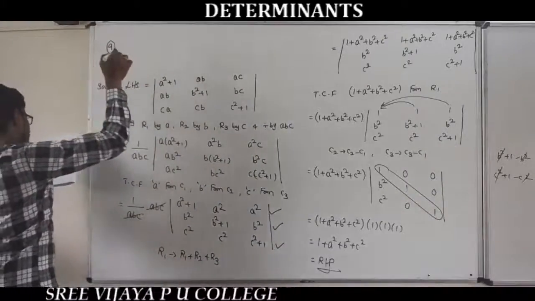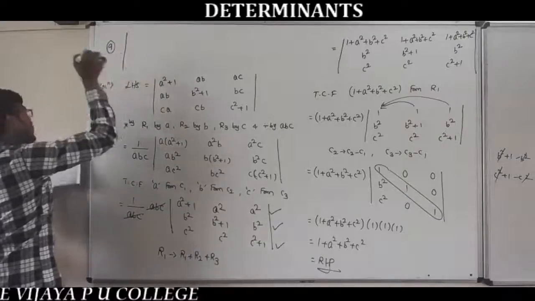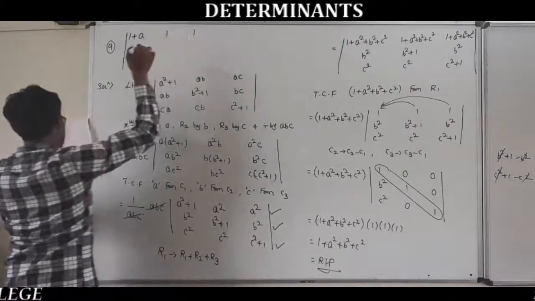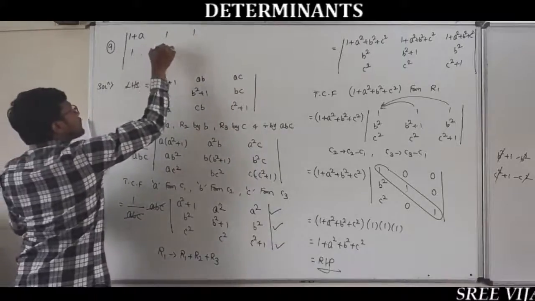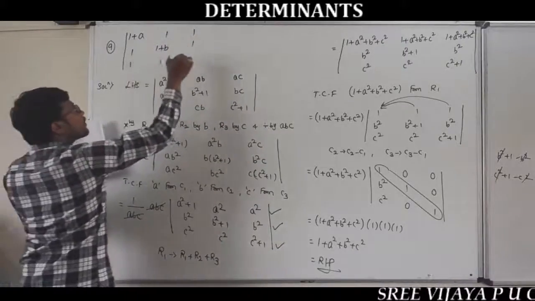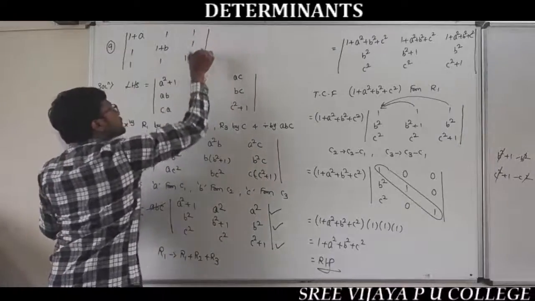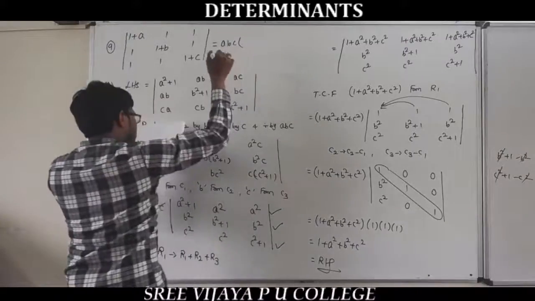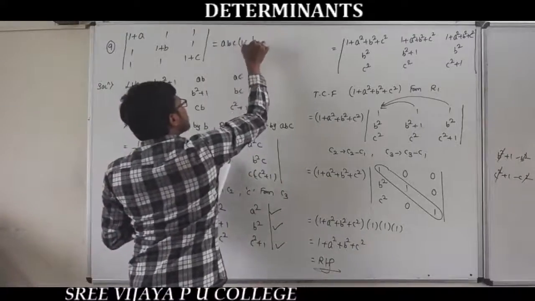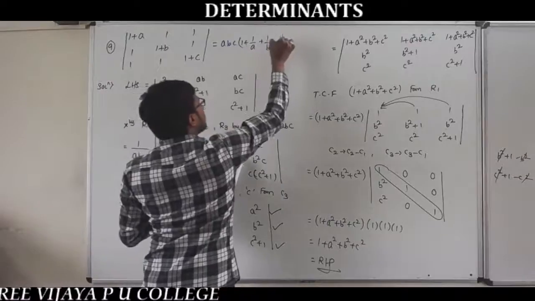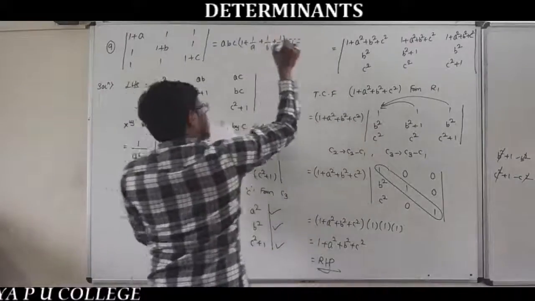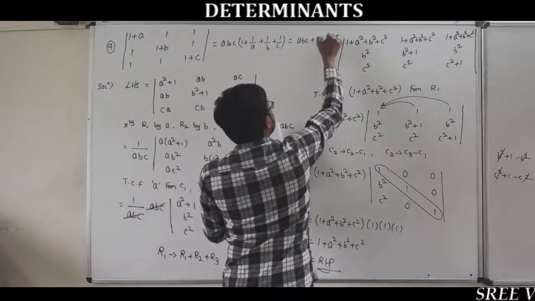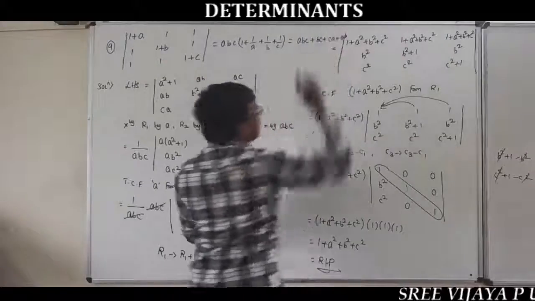So next nice question. Determinant of 1 plus A, 1, 1; 1, 1 plus B, 1; 1, 1, 1 plus C will be equal to ABC into 1 plus 1 by A plus 1 by B plus 1 by C, that equals ABC plus BC plus CA plus AB.